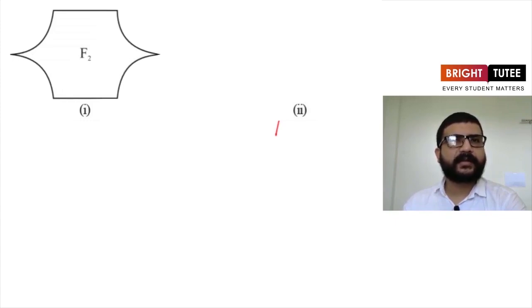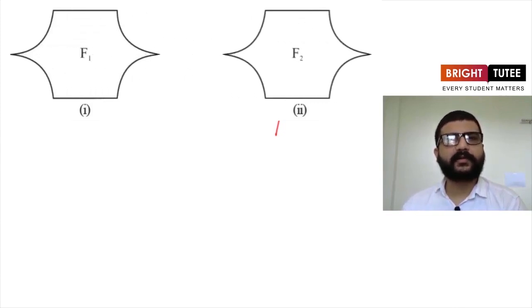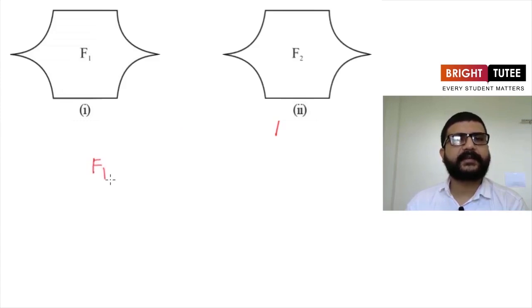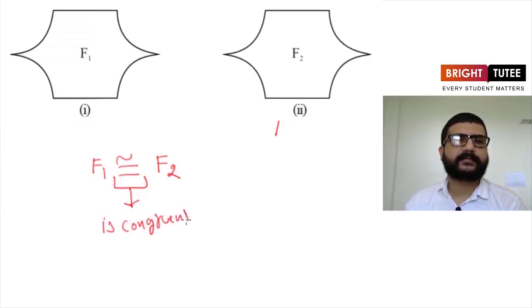If it covers F1 completely and exactly, then it means F1 and F2 are congruent figures. Now if we get F1 and F2 are congruent, we write it like this: F1 is congruent to F2. This symbol is for is congruent to. That is, for congruency we are going to use this symbol.